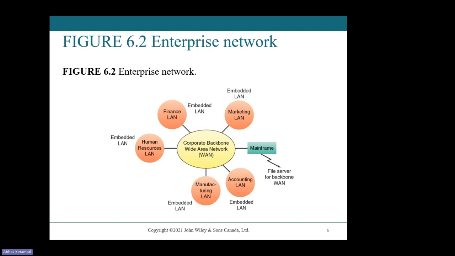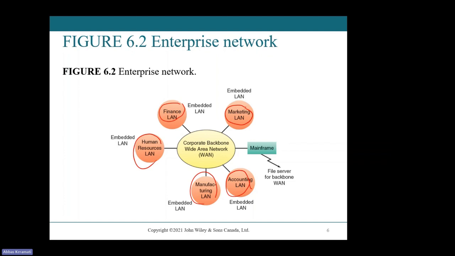So let's take a look at an enterprise network. Enterprise networks usually include different networks. For example, in a company, as you can see in this slide on the screen, we have different functions: marketing, finance, human resource, manufacturing, accounting.